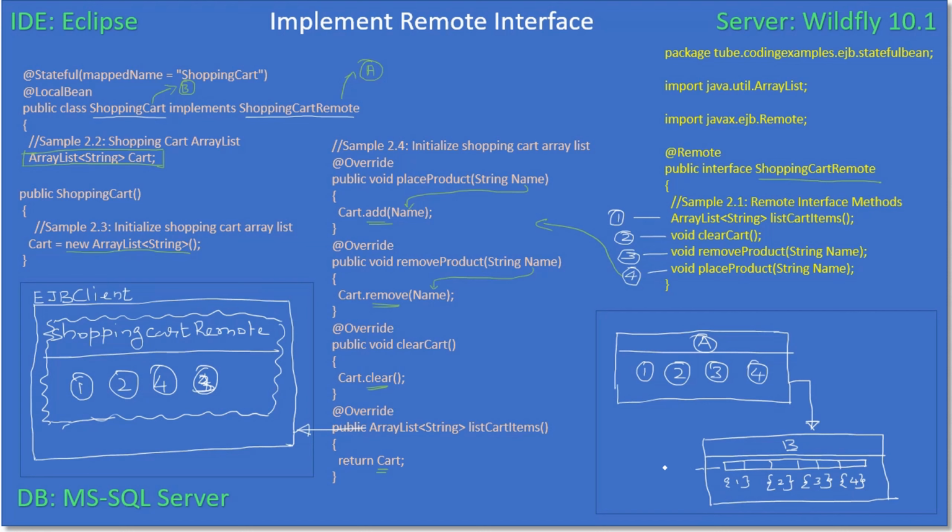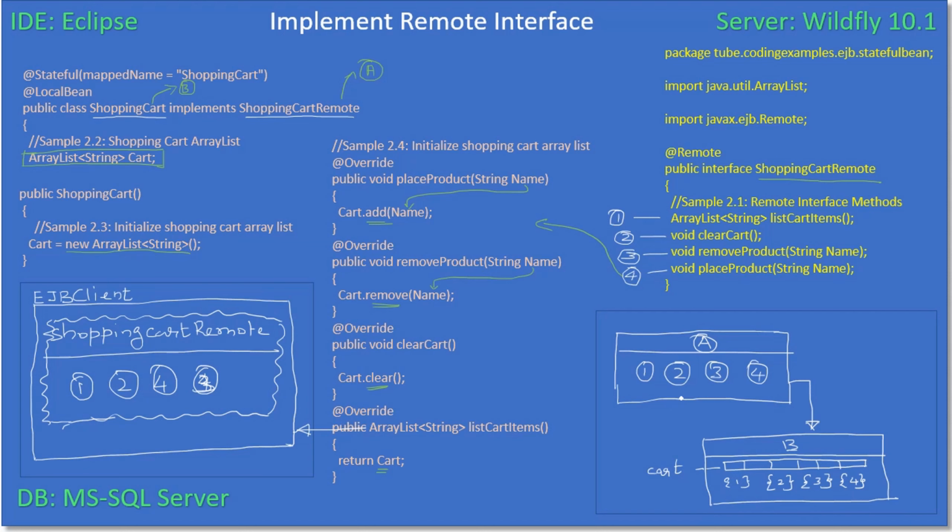This is the shopping cart ArrayList, and the functionality operates on this specific state. So the exposed functions will change the state of this ArrayList.